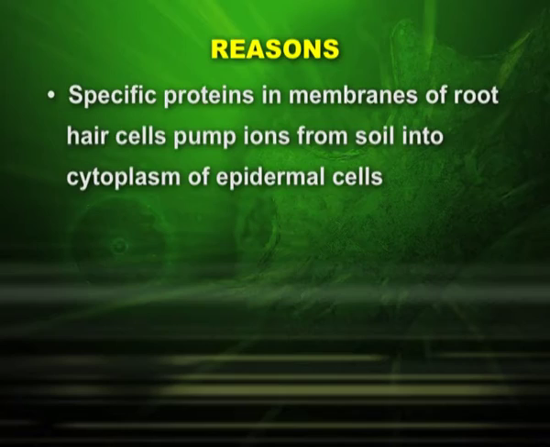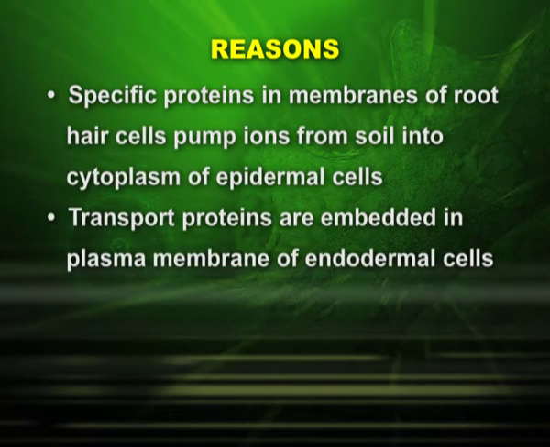Now, let us focus on the key concepts of active absorption. The first, specific proteins in membranes of root hair cells pump ions from soil into the cytoplasm of epidermal cells. Secondly, transport proteins are embedded in the plasma membrane of endodermal cells.